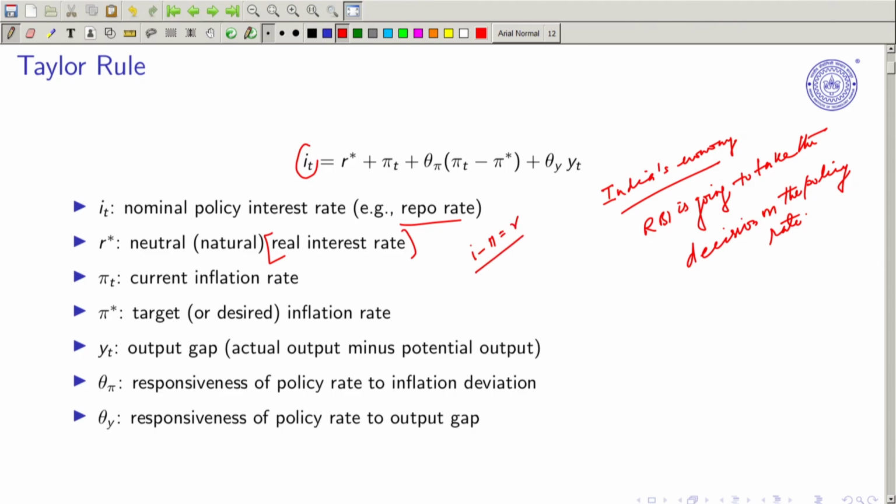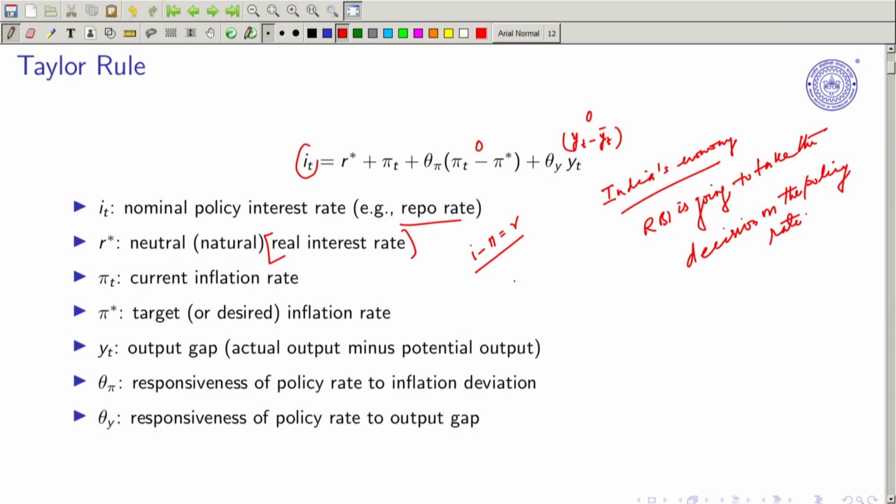But what is the neutral or natural rate? It means that at this point there will not be any kind of unemployment. So here yt is nothing but yt minus yt bar, right? So this is the output gap. So it means that this is 0, this is 0, so it all becomes 0, and then here we have what?